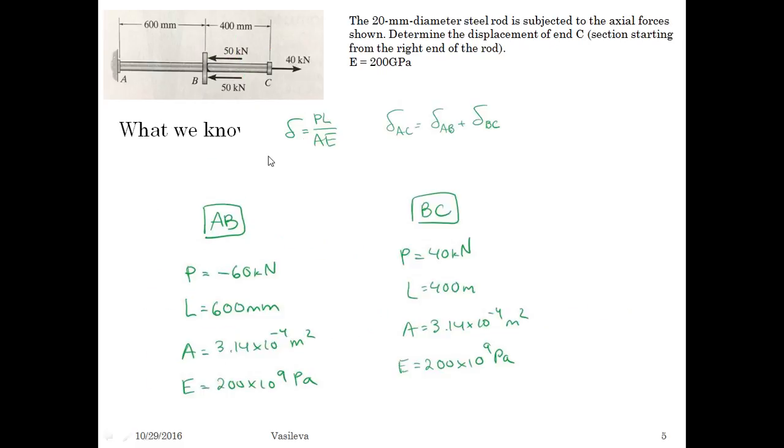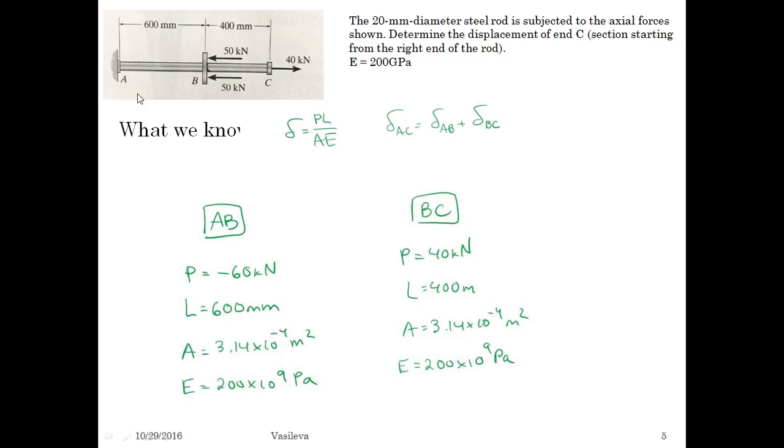So the last thing we need to do is figure out what we have for each segment. So we know that displacement equals PL over AE, total displacement equals segment AB plus segment BC. So for AB, we found negative 60 kilonewtons. The length of AB is just 600 millimeters.